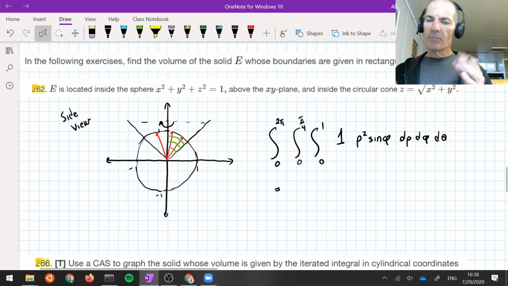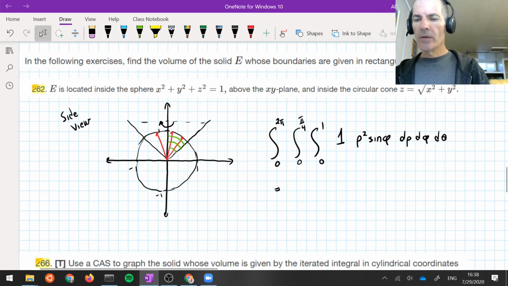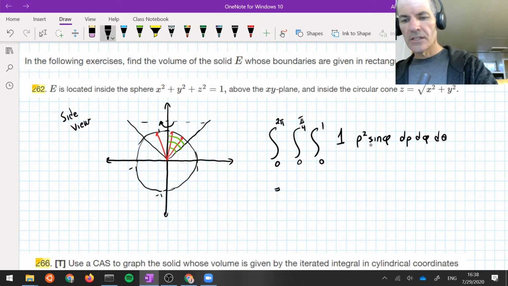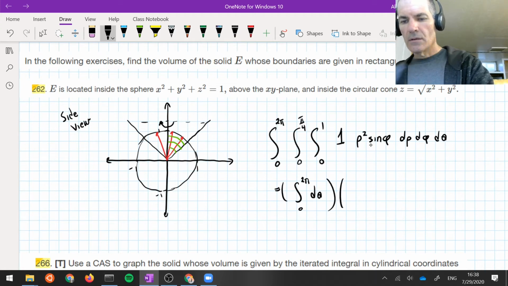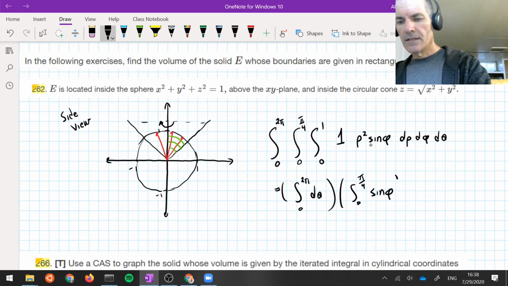Once again, because the limits are constant and the integrand is separable into each of the different variables, we can separate this out into 3 different integrals. 0 to 2 pi d theta times 0 to pi over 4 sine of phi d phi.